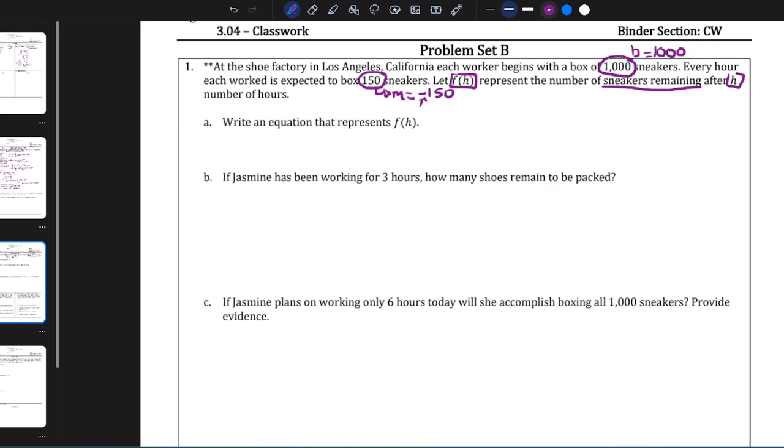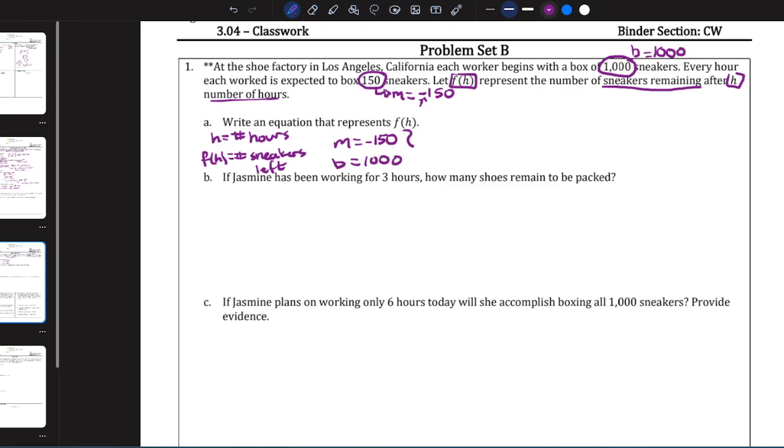All right, let's quickly go through what we've got for information. H number of hours, f of h, sneakers left. I know my slope, negative 150. That b value is going to be 1,000.